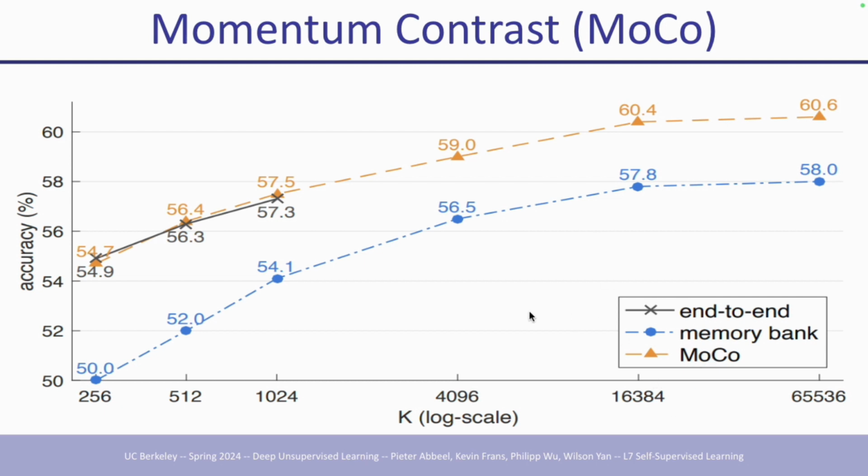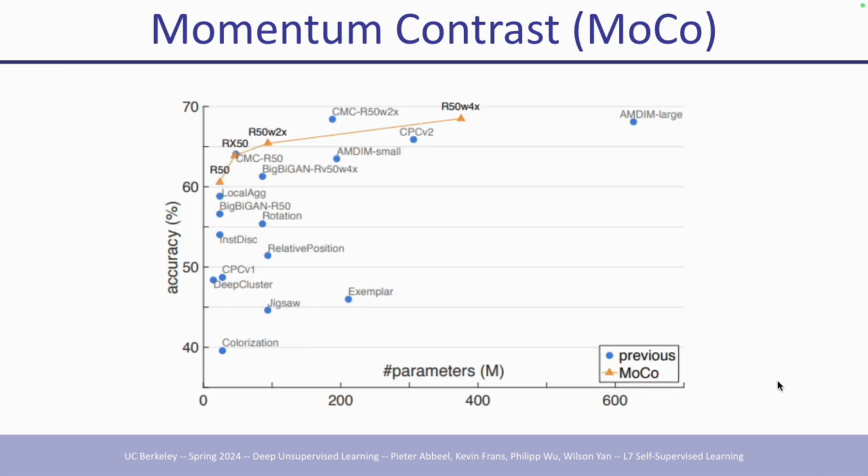And if you use MoCo, the one on the right, you can see that it matches the performance of the end-to-end approach, but it allows you to much more easily scale to huge batch sizes. They were able to scale up to 65,000, and get top ImageNet accuracy at the time of their release.